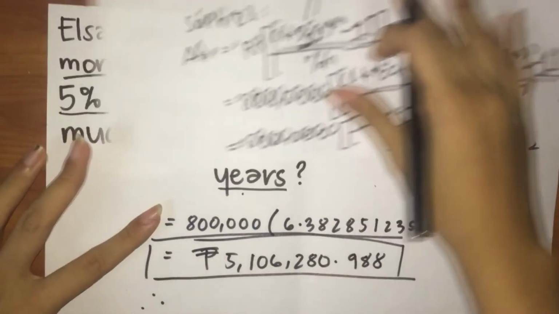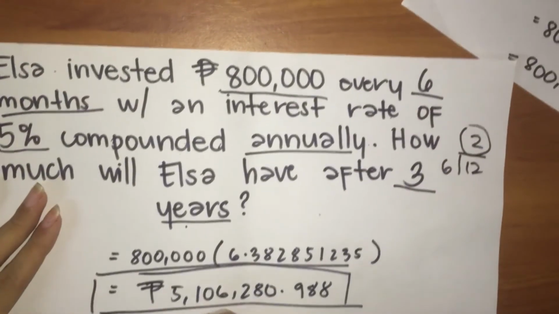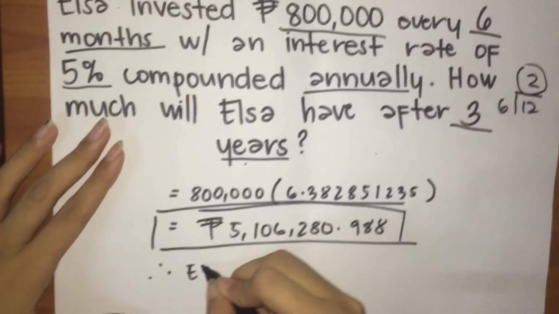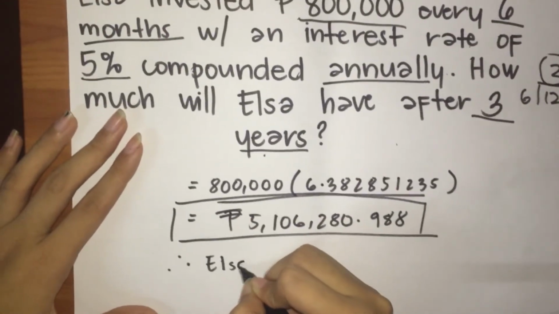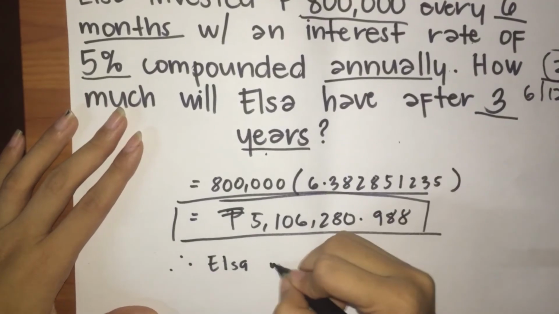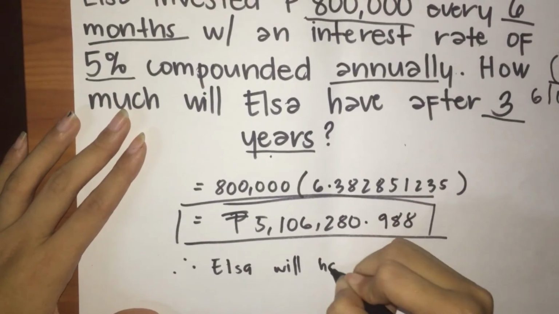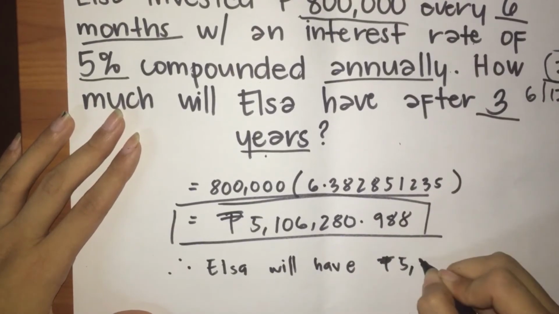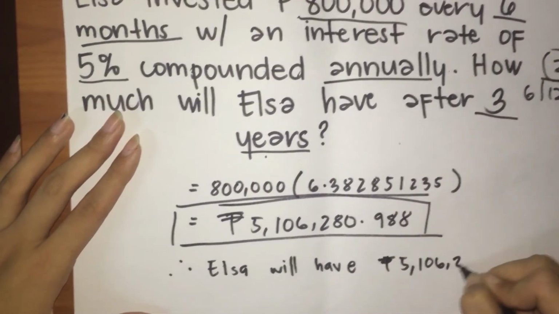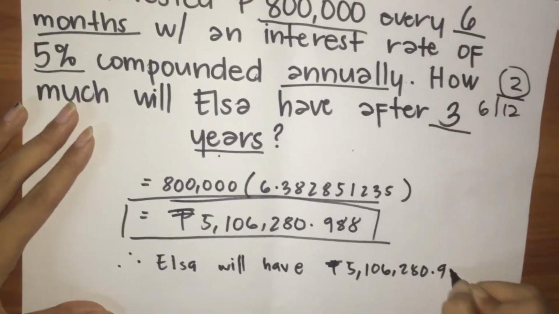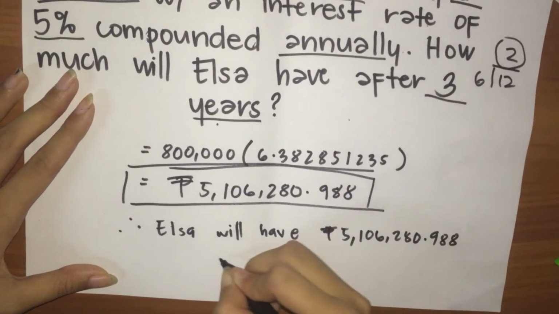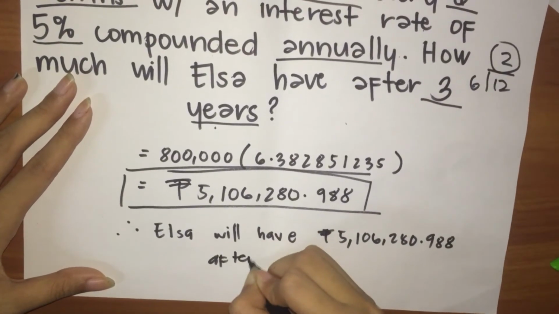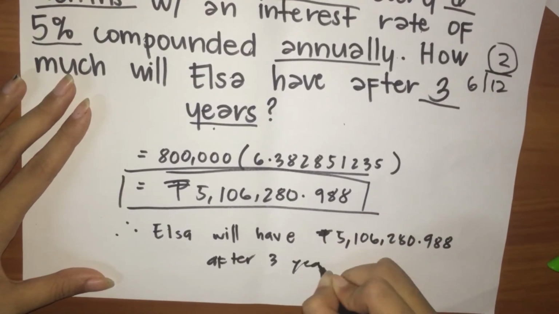So therefore, Elsa will have 5,106,280.988 peso after 3 years.